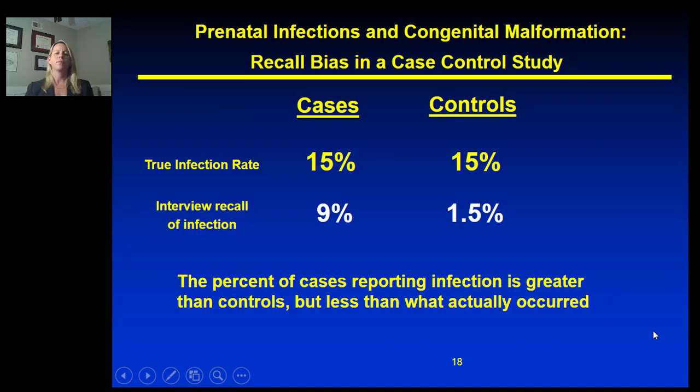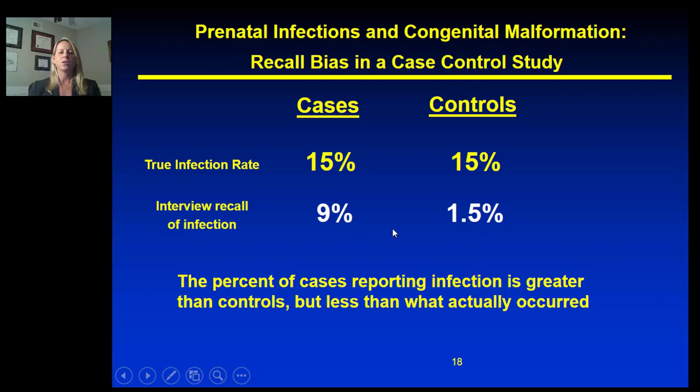Here's an example of recall bias, and this goes back to the prenatal infections and congenital malformation scenario. These are from true data of a recall bias effect in that case control study. We know that among the cases and the controls the true infection rate in both is about 15%. However, in the study itself, the proportion of cases who reported the prior infection was 9%, and in the controls was 1.5%.